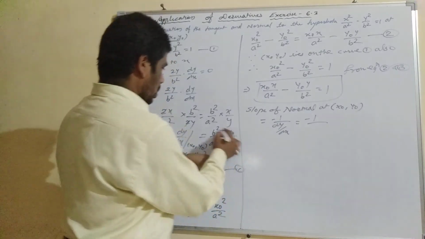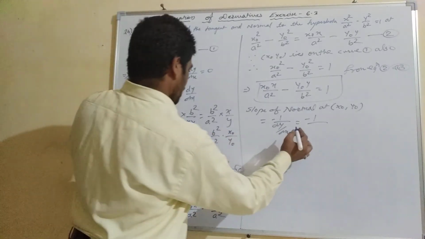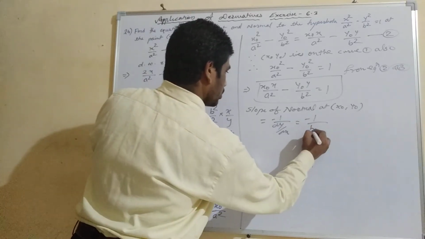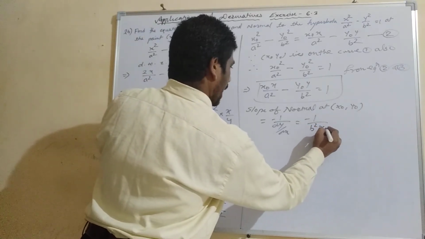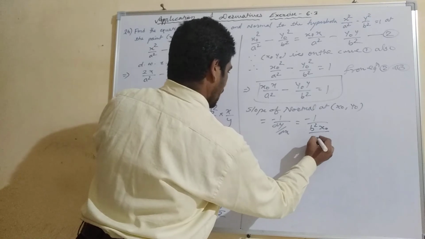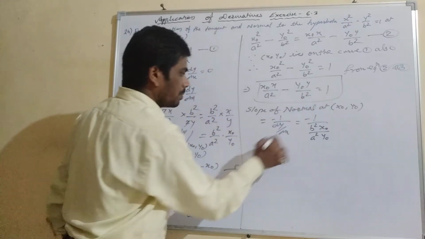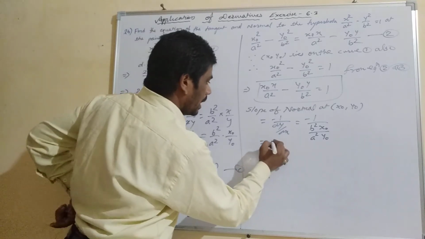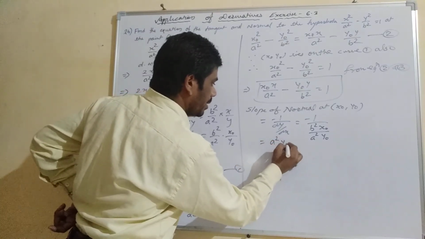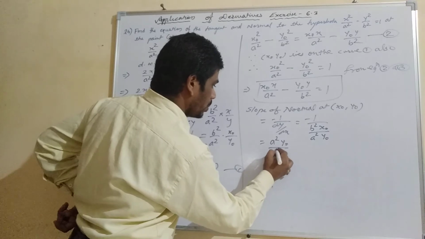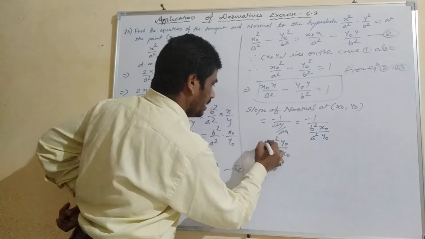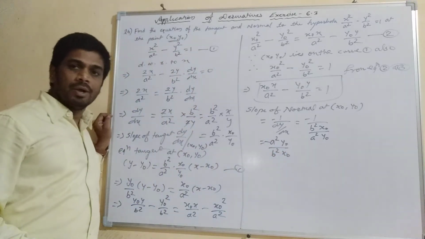So it will be reciprocal, means b squared x naught upon a squared y naught, so we will reciprocal it. It will be minus a squared y naught upon b squared x naught. Okay, this is the slope of a normal.